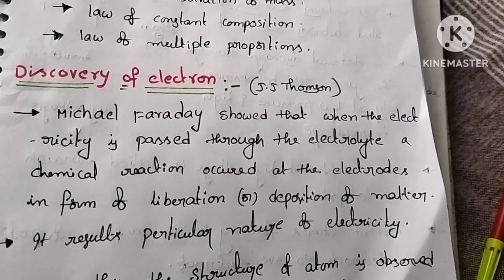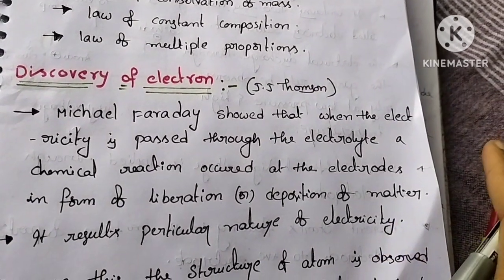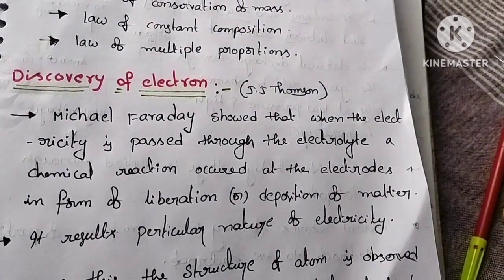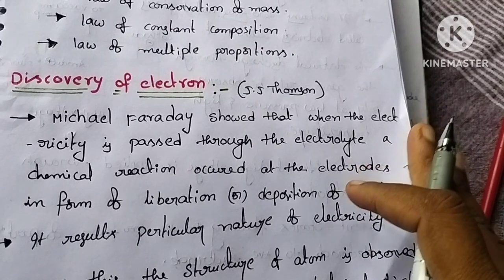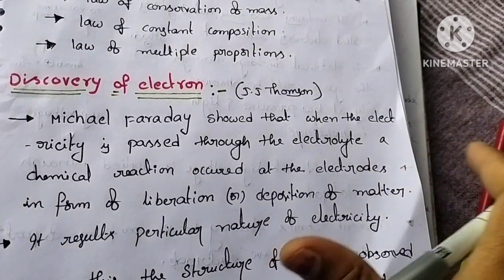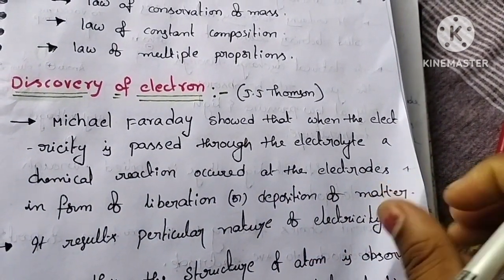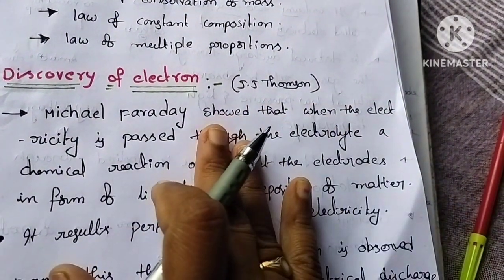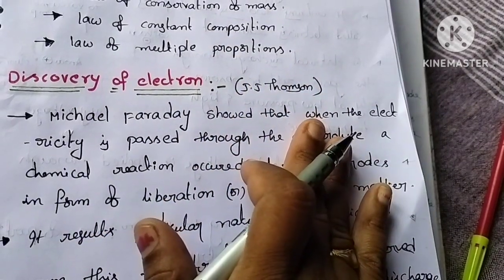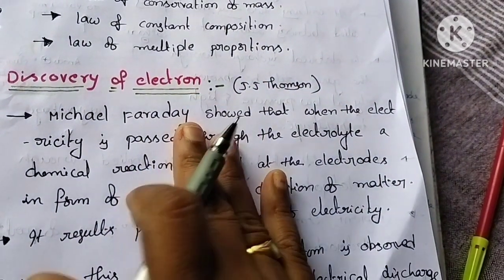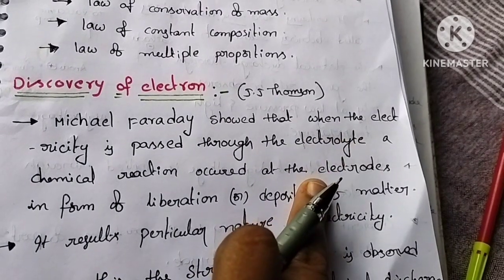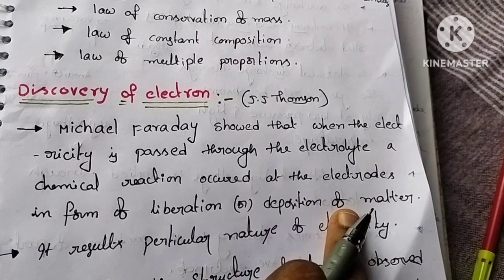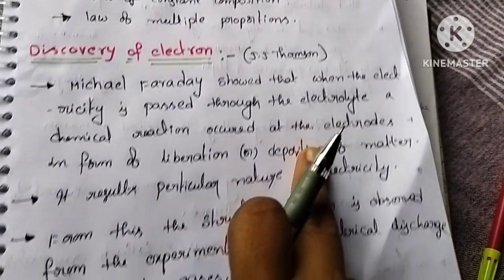When he passed electricity into the electrolyte solution, he observed that the chemical reaction takes place at the ends of the electrodes, in the form of liberation or deposition of matter.